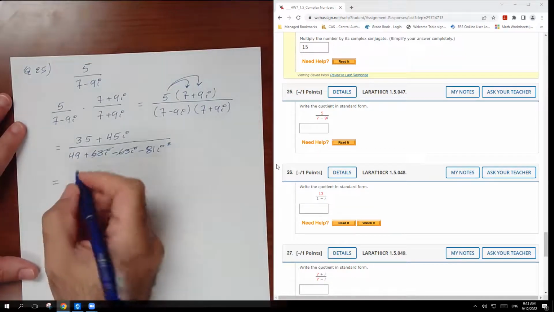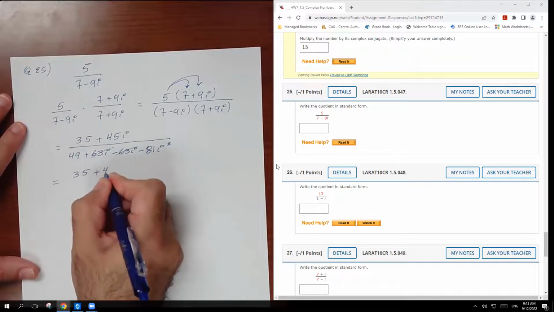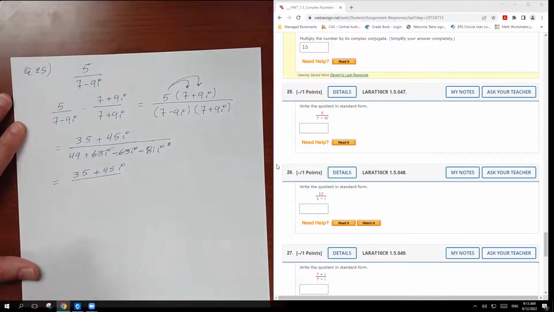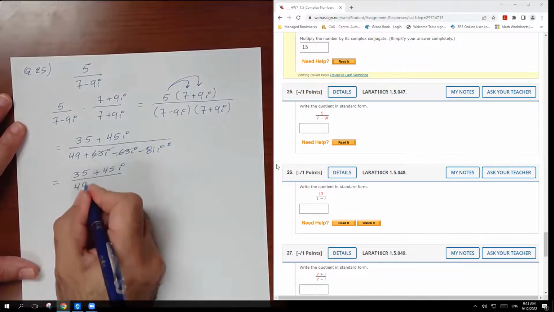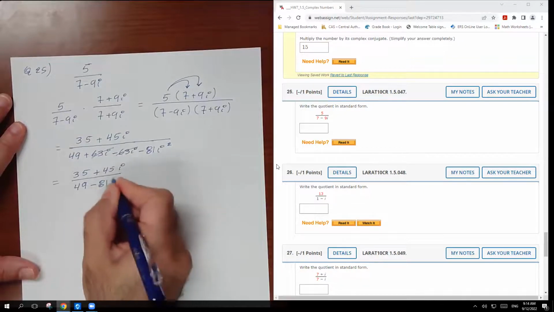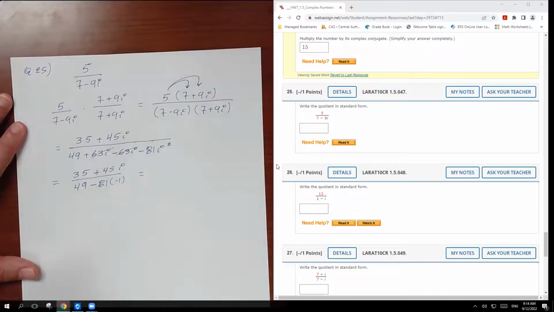On the top part, you're just going to leave it 35 plus 45i over the bottom part. Here is 49 minus 81 times negative 1, because the i squared is negative 1.